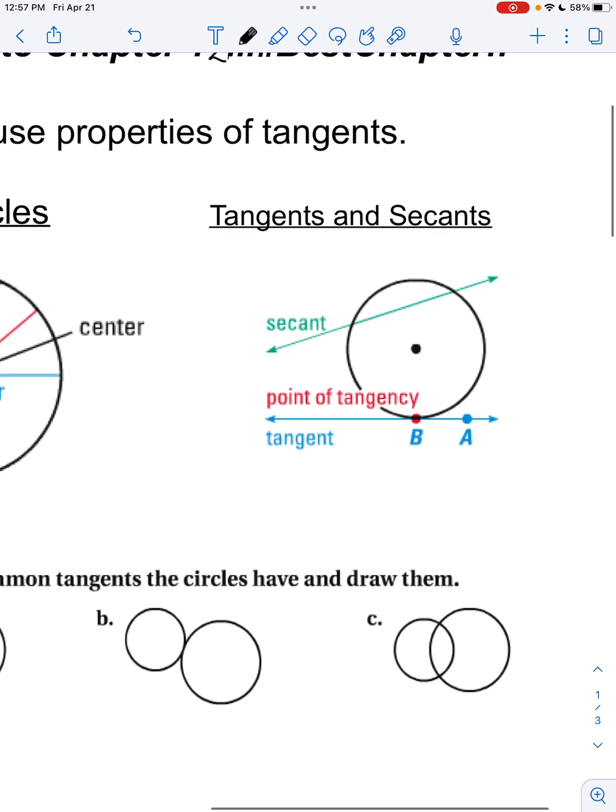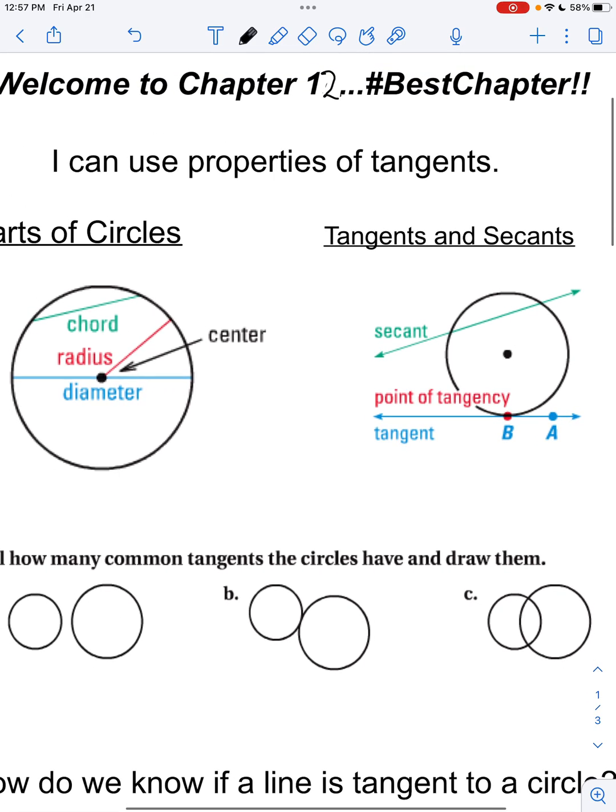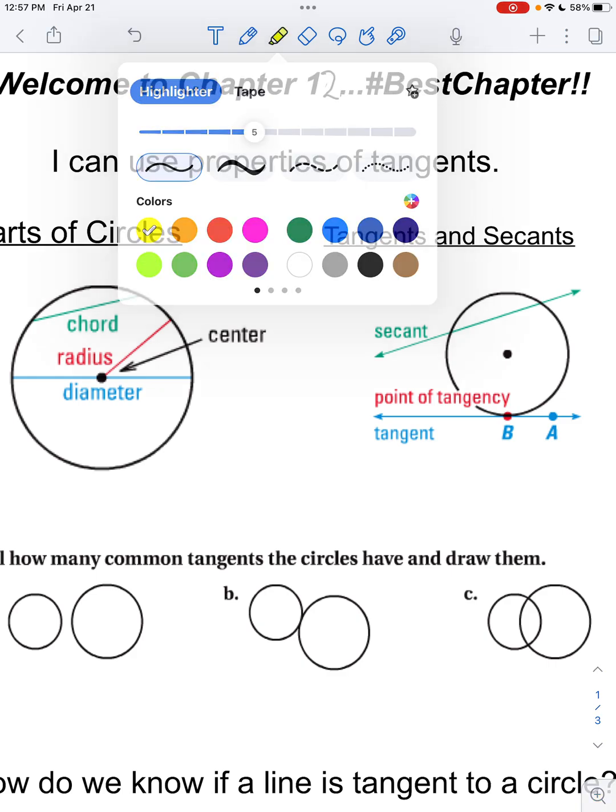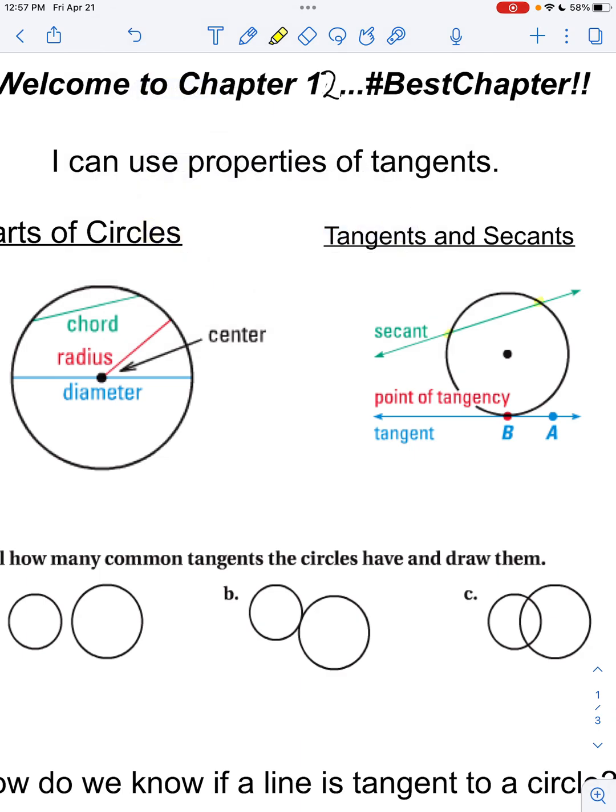In addition to that, we've got something called a secant line. Where a chord stops at the circle, a secant line keeps going, and it touches our circle at two different places. Touches it here and here.